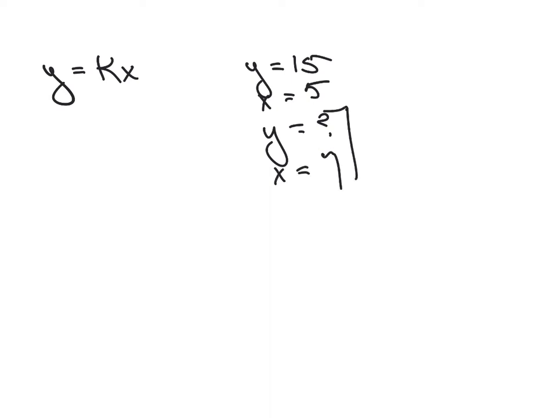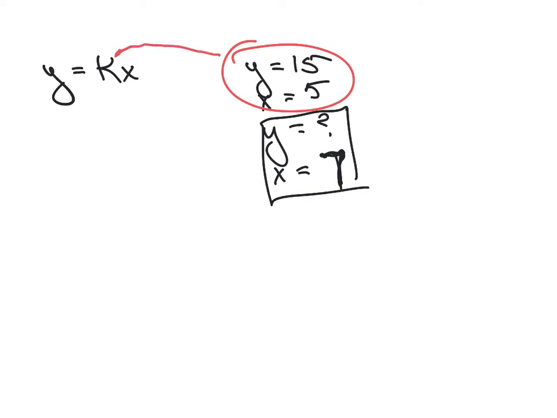So this is our first part. Remember, a little bit ago I said the first thing we do here is we find out what k equals. That's what we use our first part to find out. Then we use our second part to find out what, in this case, y is.